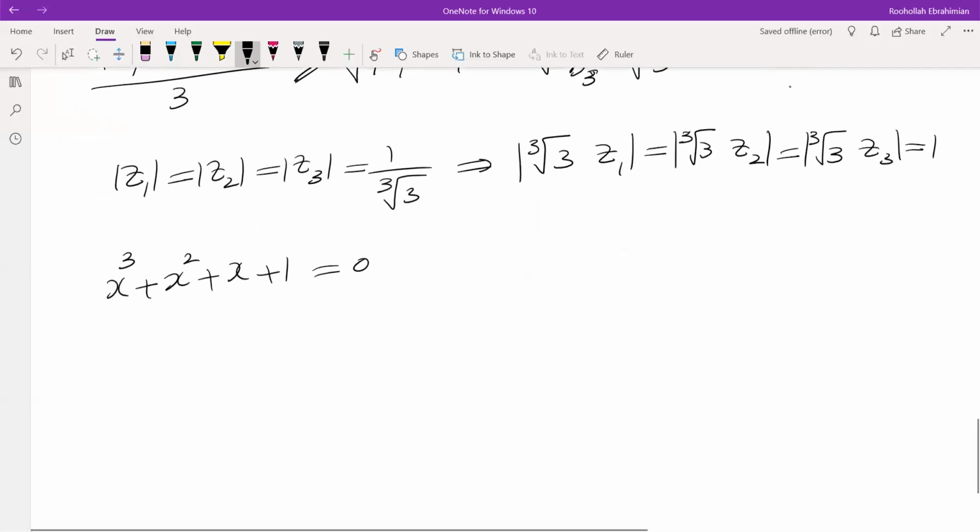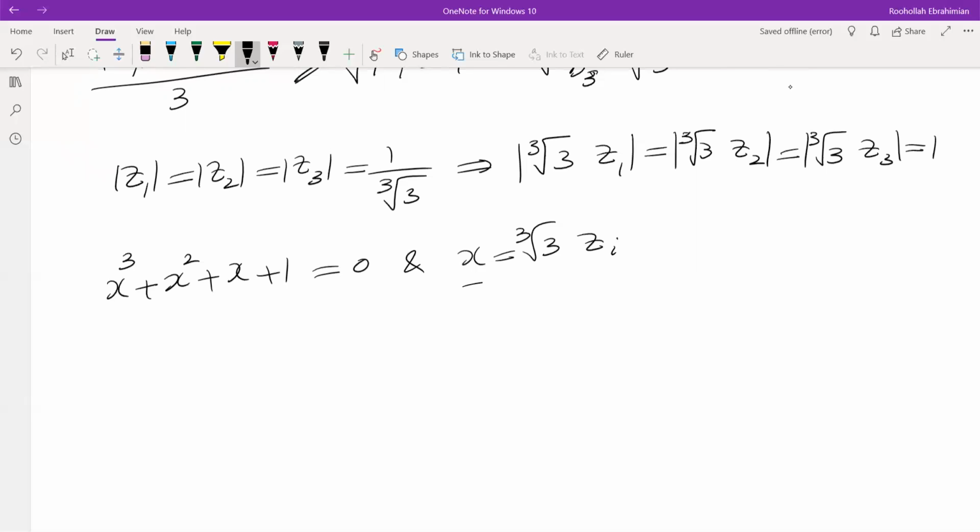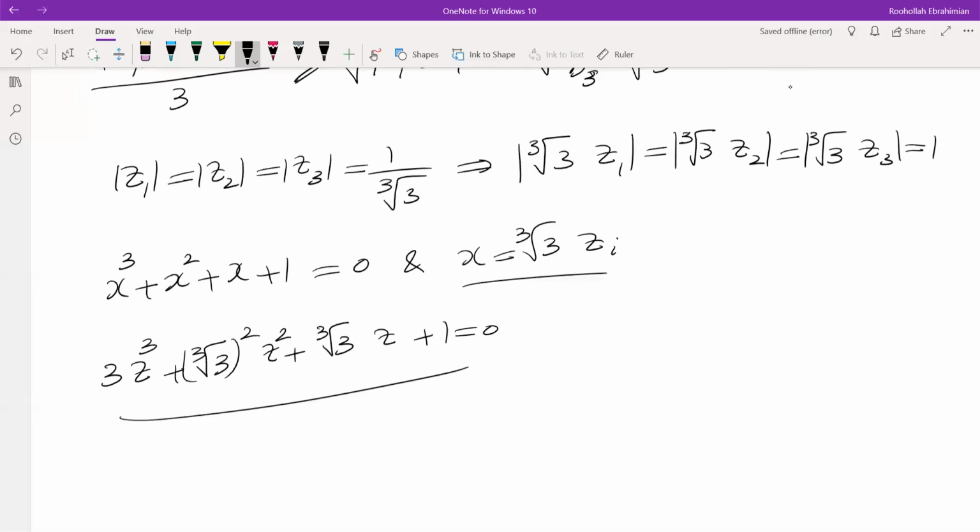The roots of that would be cube root of 3 zi. Then you plug it into the equation and you get 3z cubed plus cube root of 3 squared z squared plus cube root of 3 z plus 1. So that would be your equation. So it seems like we found the solution now.